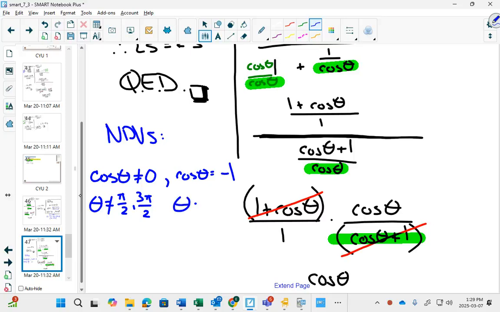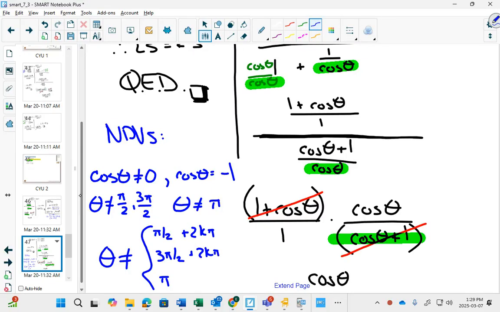And here, negative 1 happens right here. Theta can't equal pi. If we wanted to write the general solution for the non-permissible values, pi over 2 plus 2k pi, 3 pi over 2 plus 2k pi, and pi plus 2k pi. This would be all the non-permissible values.